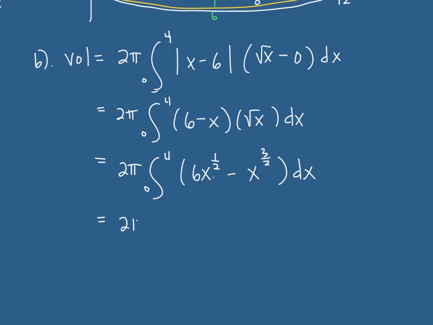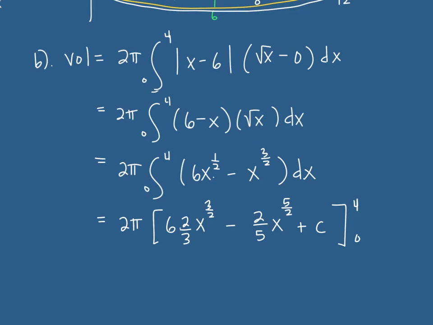All right, so the antiderivative of this would be 6 times x to the 3 over 2 times the fraction 2 over 3 minus x to the 5 over 2 times the fraction 2 over 5 plus c going from 0 to 4. And then you're in the home stretch of evaluating. Okay, any questions on that?